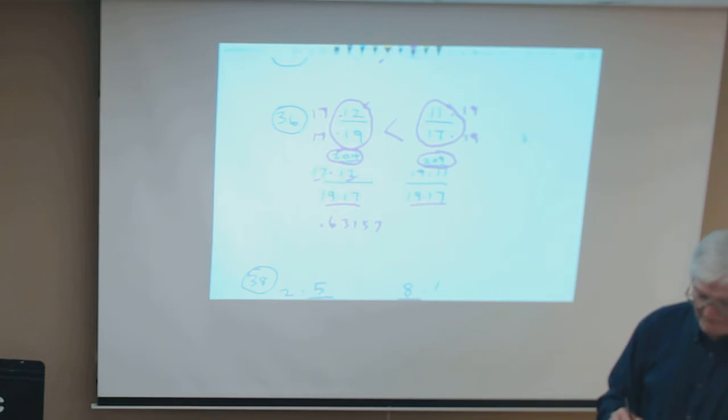And what do you get? 0.647. Now look at these two numbers. Which one is this number greater than this one, less than this one, or equal to it? And all you have to look at is these first three digits.